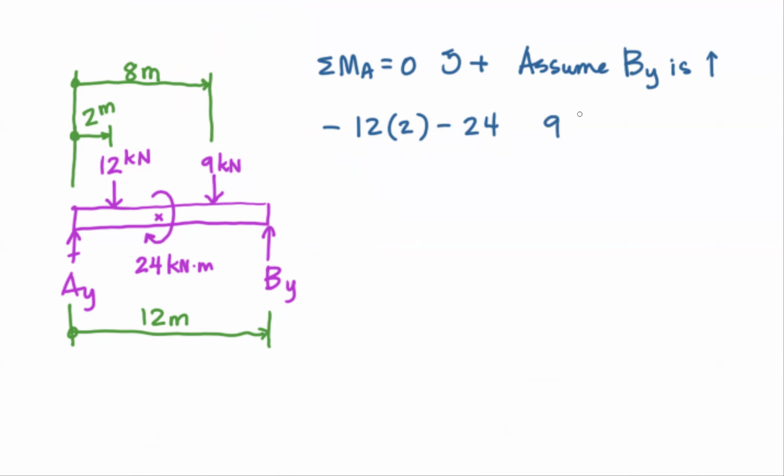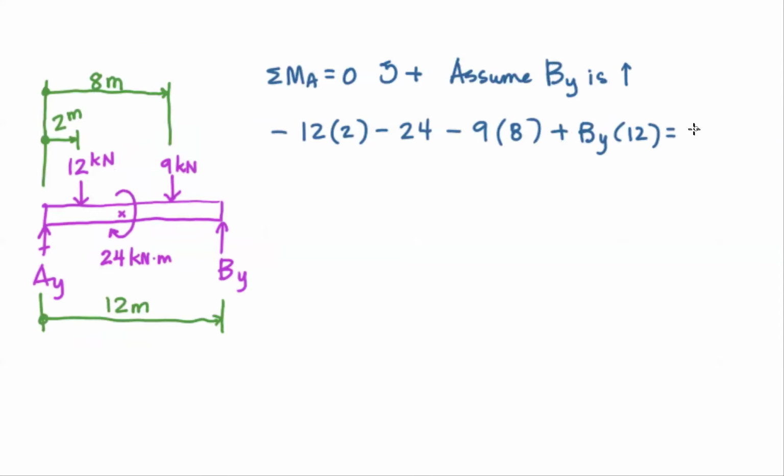Next term, 9 times 8 negative. Last term, B sub y positive, and moment arm of 12. And we can run that through your calculator. I have it pre-solved. We get a positive 10 kilonewtons, and that confirms our assumption that that force is upward.